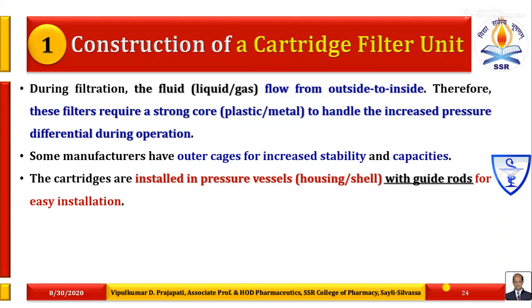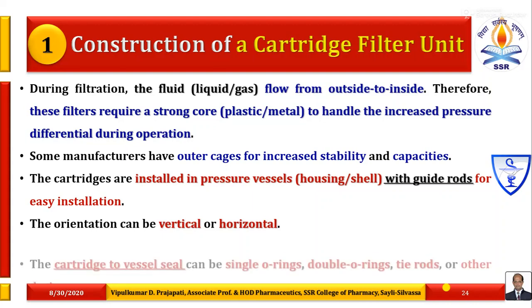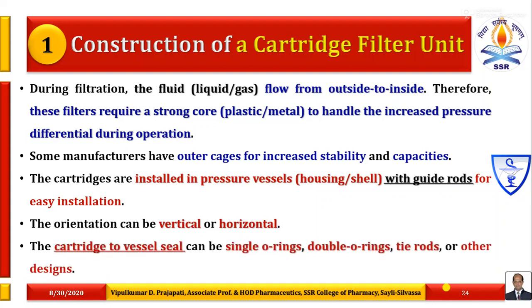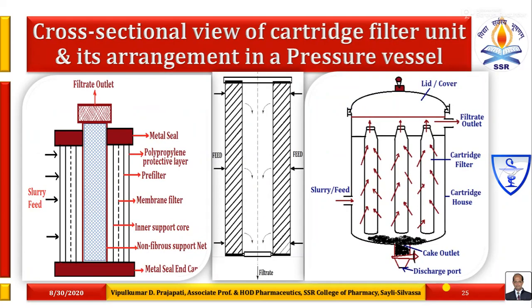The guide rods are part of the housing. The orientation can be vertical or horizontal, so a single cartridge or a number of cartridges are arranged in a single housing, either vertically or horizontally. The cartridge to vessel seal can be a single O-ring, double O-rings, tie rods or other designs.